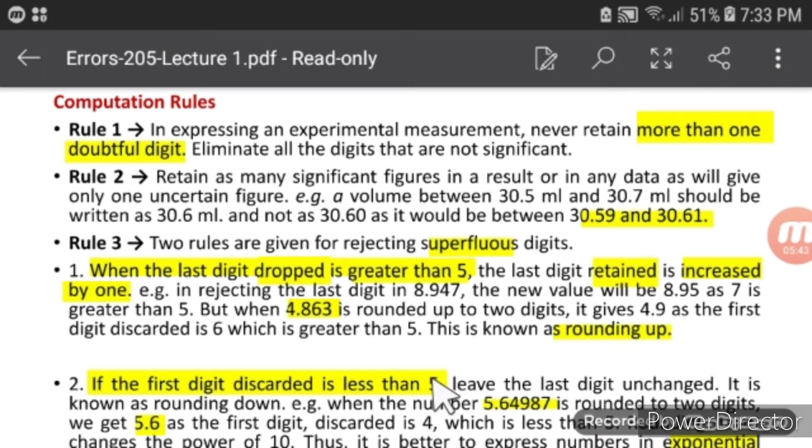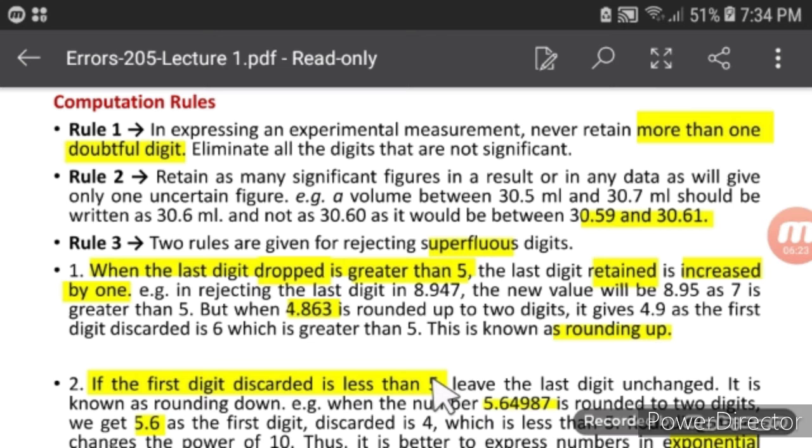If you are unaware of that rule, you may write it as 30.60, which is incorrect, because when you write significant figures, your data should contain only one uncertain figure. If you write 30.60, there is a chance that it becomes 30.59 or 30.61, which is incorrect. So you should write it as 30.6 milliliter.